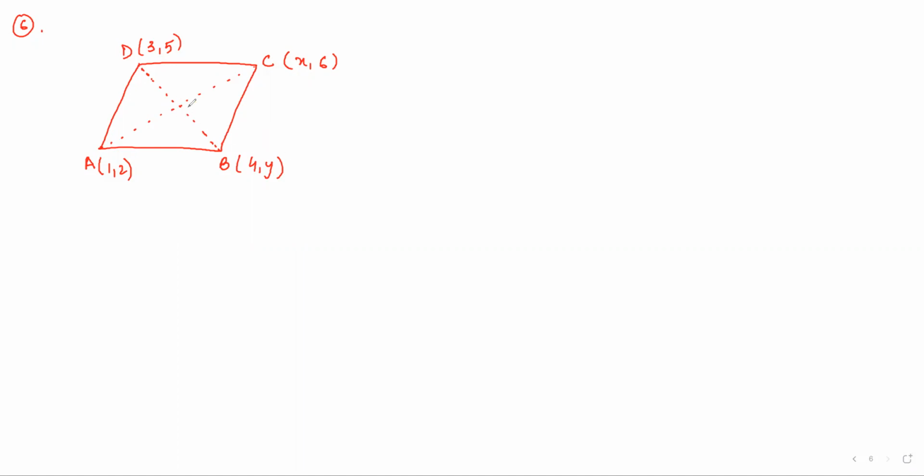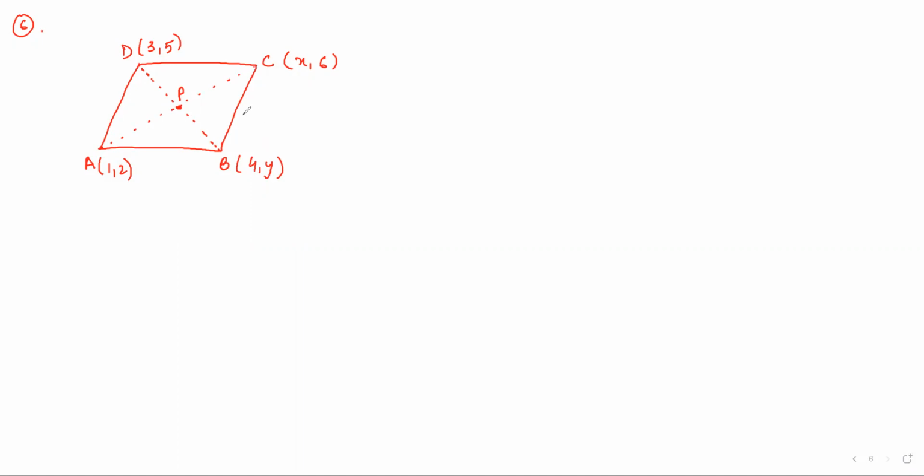Now let me call the intersection point P. If I take diagonal AC, it divides BD into two equal parts, so P is the midpoint of BD.